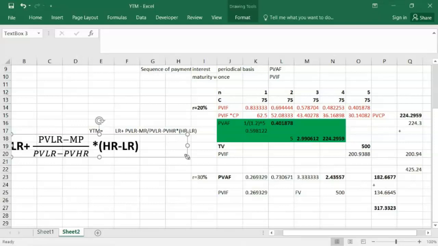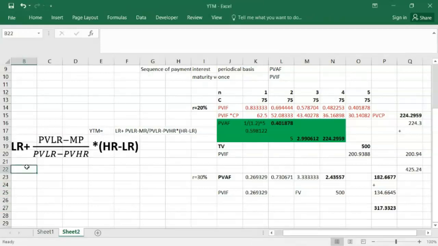So here, what is the lower rate, what is the higher rate, what is the present value? You need to calculate this. So here, you need to identify from the calculated values. You can take the rates at first. What are the rates? The r is calculated. There are two different rates of interest calculated. When I have calculated at 20 percent, the present value from the instrument becomes 425.24.